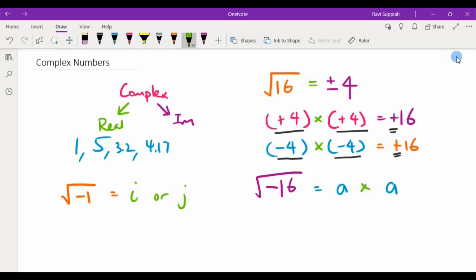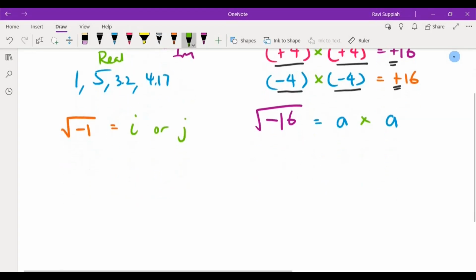In most online resources or textbooks that you refer to, the square root of negative 1 is represented as i or j.